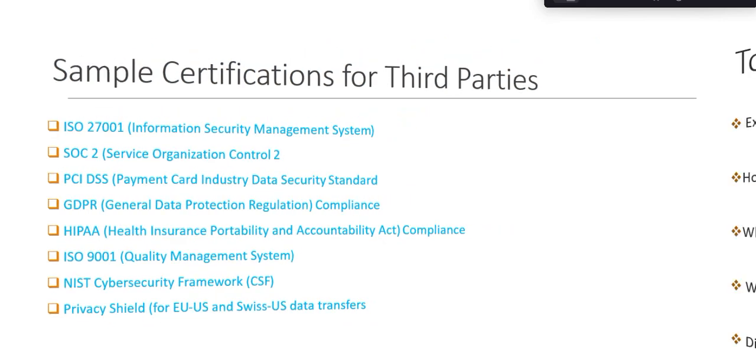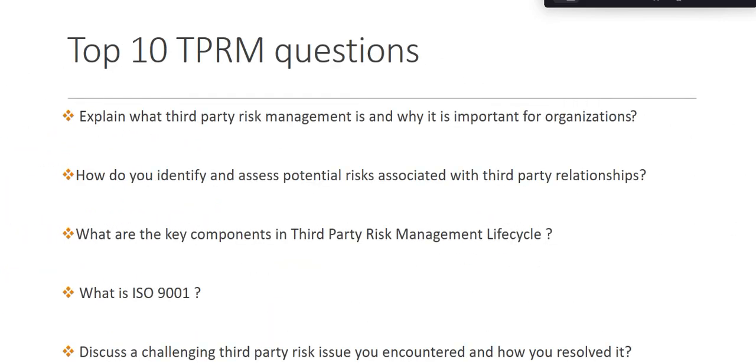the TPRM interviews. Explain what third party risk management is and why it is important for an organization. How do you identify and assess potential risks associated with third party relationships? What are the key components in the TPRM risk management lifecycle? What is ISO 9001? Discuss a challenging third party risk issue you encountered and how you resolved it.